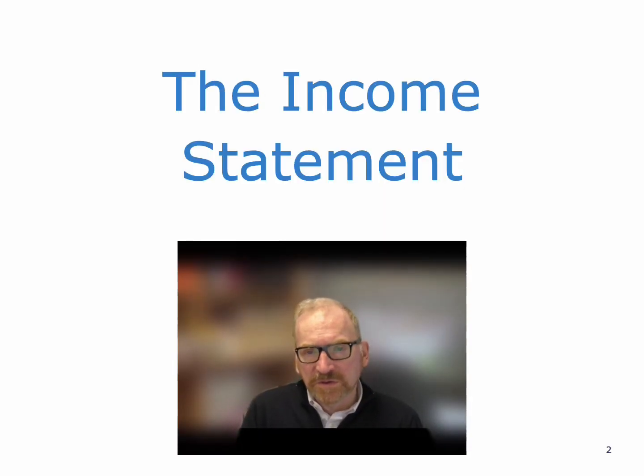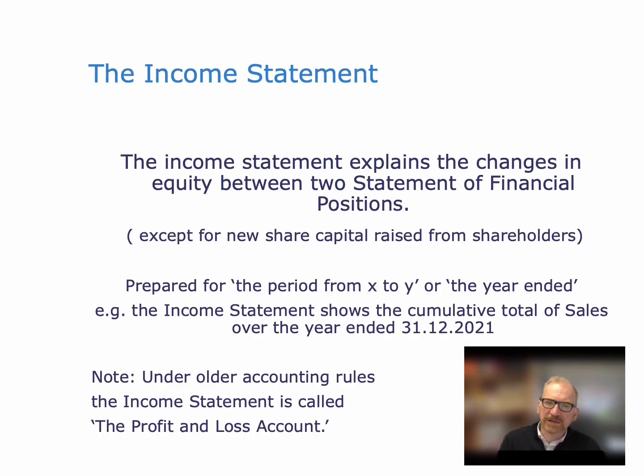This video is going to be about the income statement. The income statement is different to the statement of financial position, but it is related to the statement of financial position. The income statement explains the changes in equity between two statements of financial position.